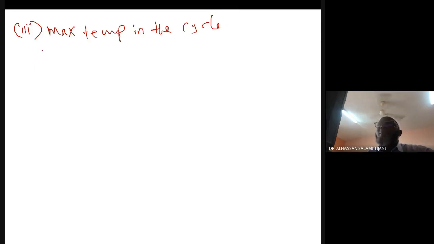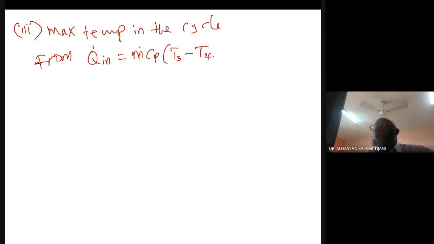This could be given by, from Q in equals mass flow rate times specific heat capacity times T5 minus T4A. So this is one way in which we can determine T5.